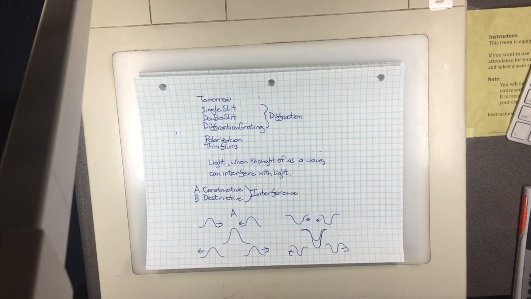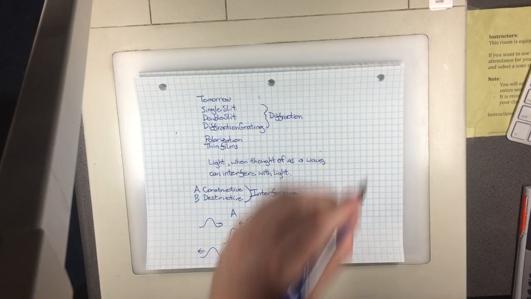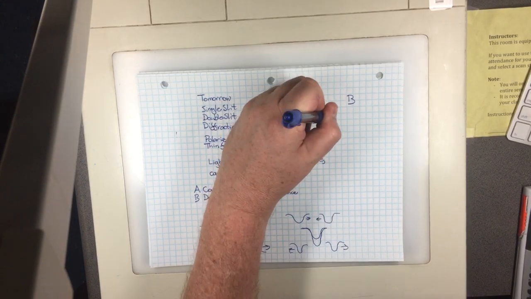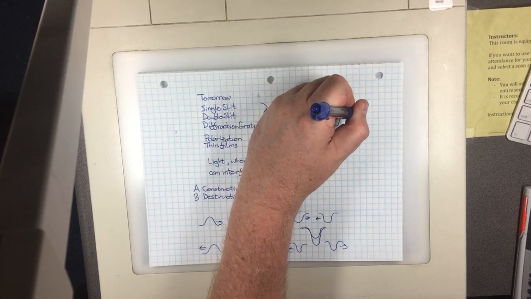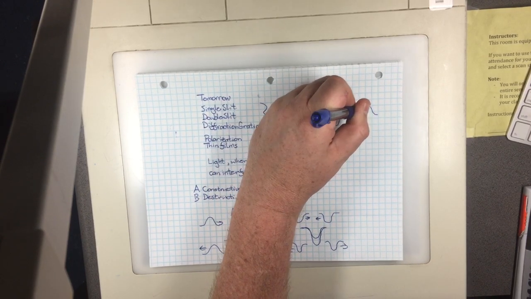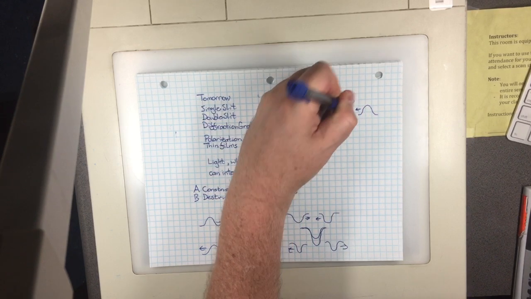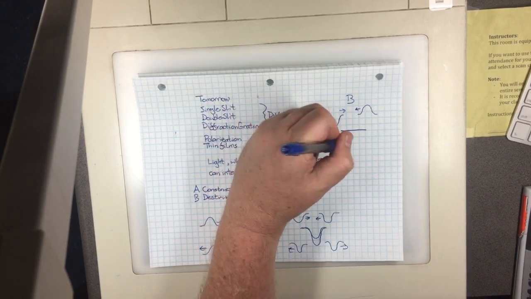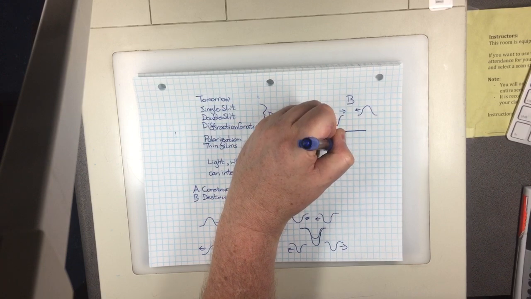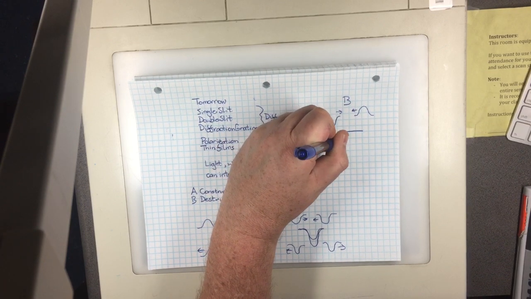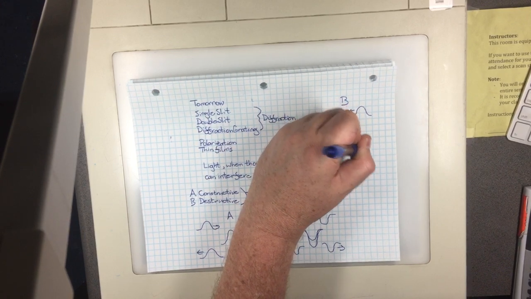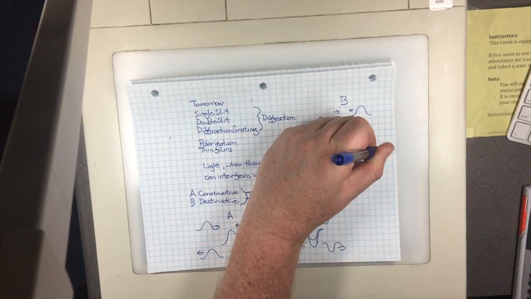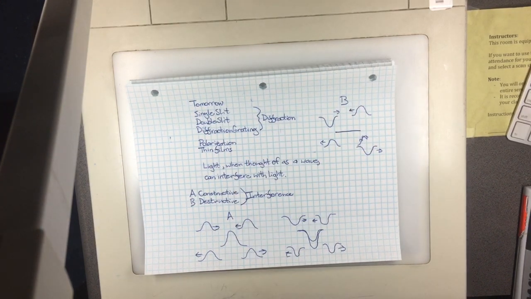The peaks can come together and form a bigger peak. In destructive interference, that's when you have a peak meeting a trough, and for one brief moment you get nothing, and then the waves, oops, not you, you get that. So the peaks can come together.